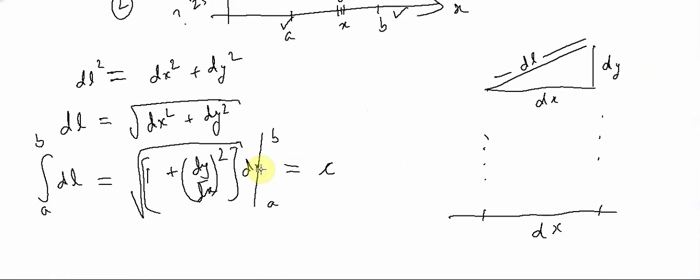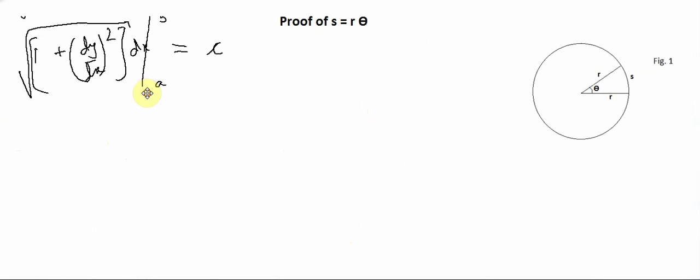Let me take the formula as well. This is the formula from A to B. This is the formula for arc length, from A to B. Now, notice that dy by dx is the derivative of the function.